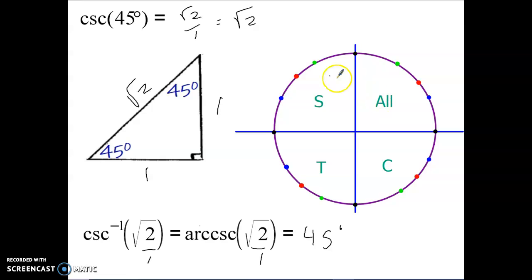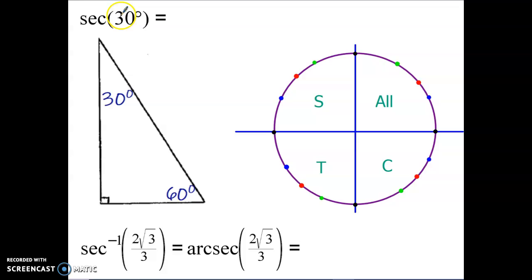So the question is, what is the other quadrant where cosecant is positive? Well, cosecant and sine are reciprocals of one another, so therefore they are positive in the same quadrants and negative in the same quadrants. So the other angle value that I want is here. 45 degrees is my reference angle. 45 degrees from 180, 135 degrees. So the two answers that I'm going to get for cosecant, 45 degrees and 135 degrees.